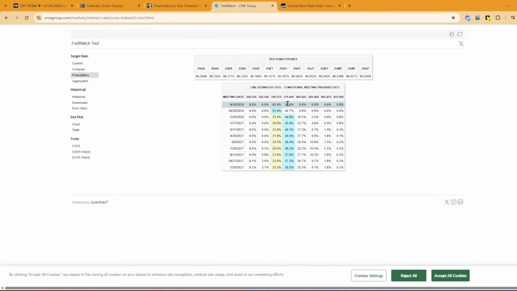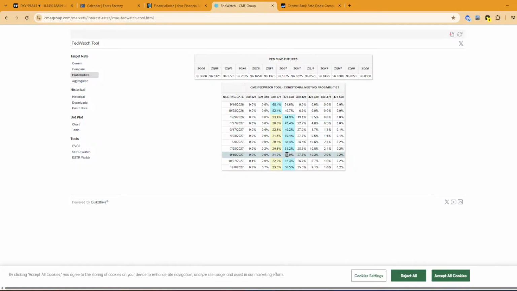Yeah, you see the hiking rates start to rise around maybe December, at the end of the year. This is where we start to have 44.9%, which is more than lower or hold interest rates.